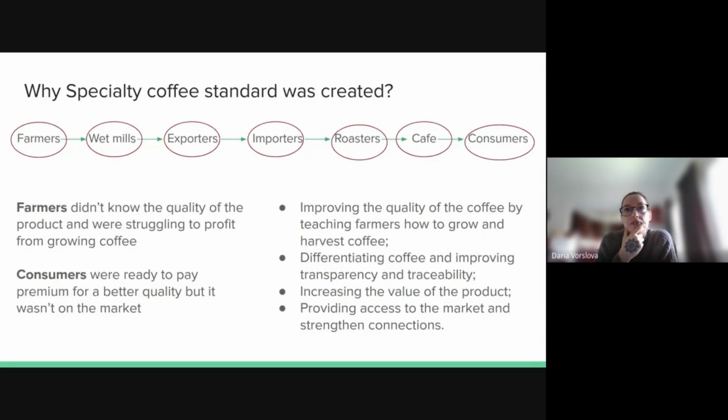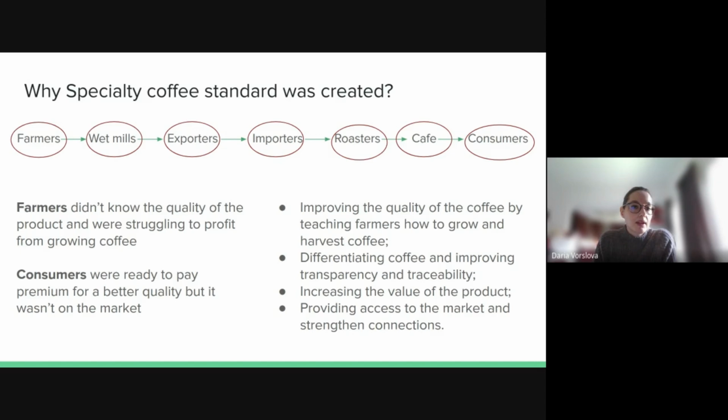I don't know, maybe they buy directly from coffee roasters, and of course different retailers as well. And the last part of our supply chain: coffee consumers, coffee drinkers.